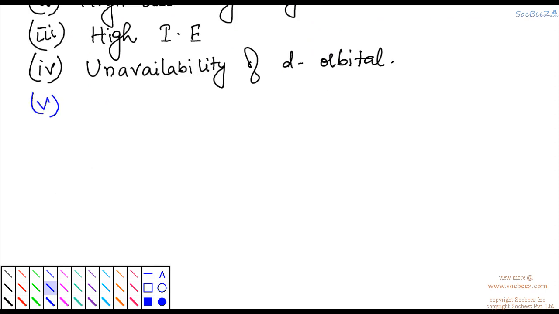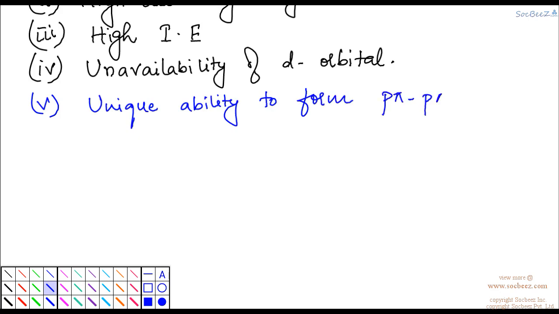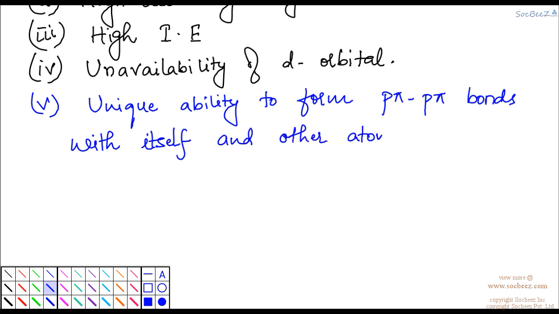Carbon has a unique ability to form p-pi bonds with itself and with other atoms of small size and high electronegativity.